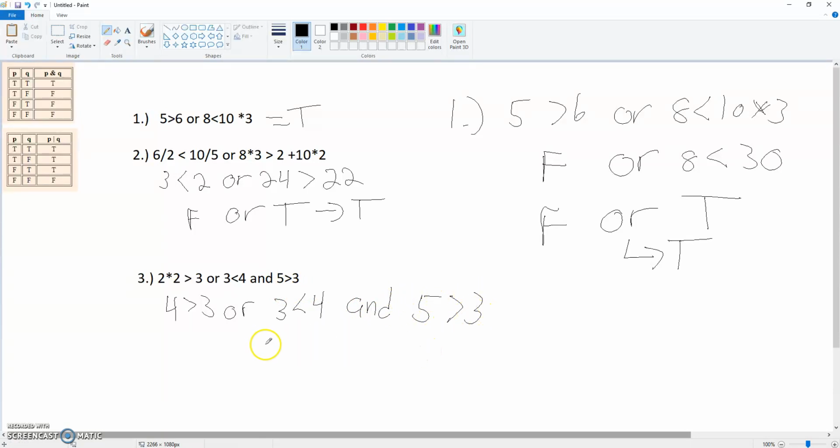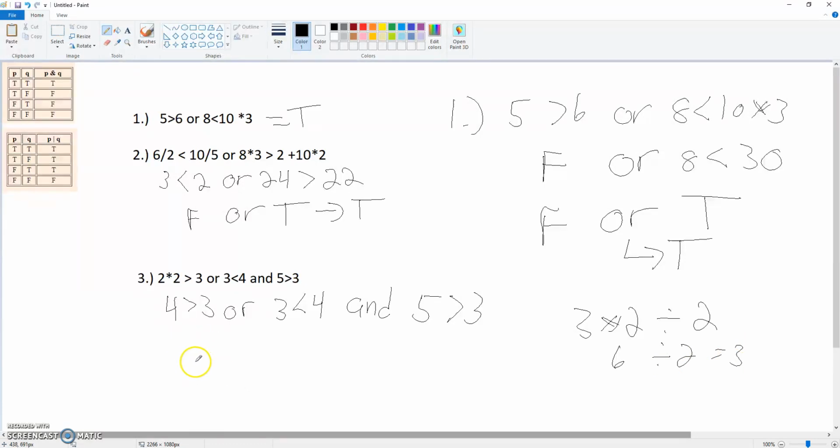Now here's a little tricky. There's 2 operators. If you had 3 times 2 divided by 2, what would you do here? You'd go left to right, because multiplication and division are on the same level of precedence. So 6 divided by 2, you'll get 3.